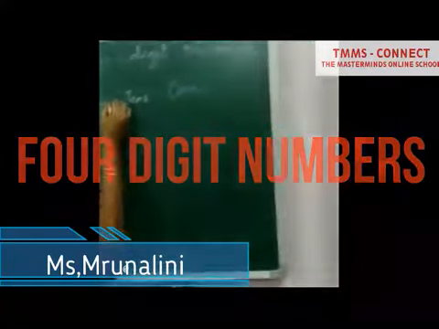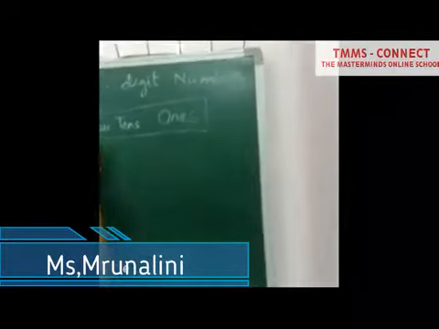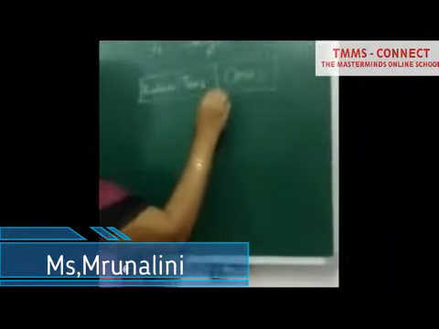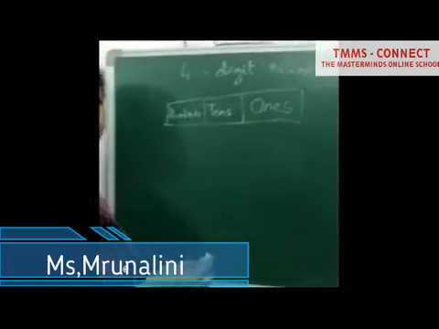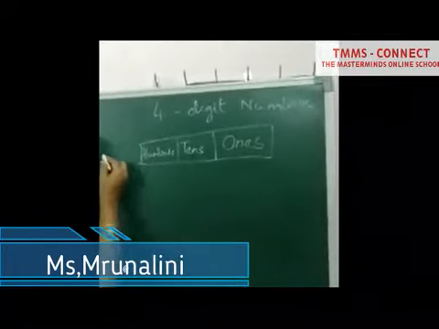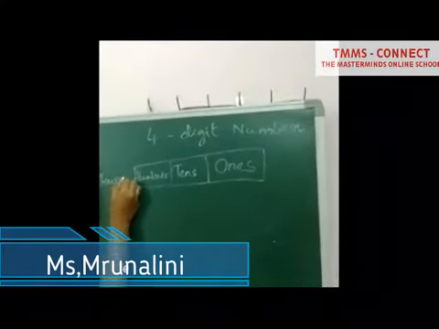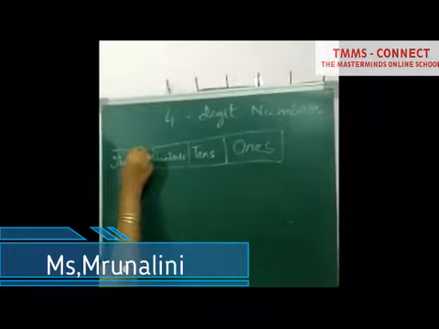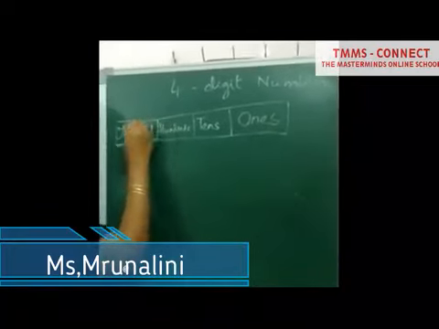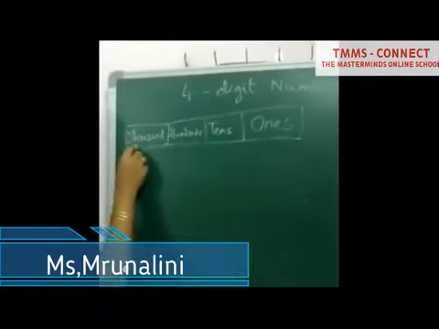So this is the place value which we write for a three digit number. Then when we go for the four digit number, after the hundreds we have thousands. So the place value that we have for the four digit number is ones, tens, hundreds, thousands.